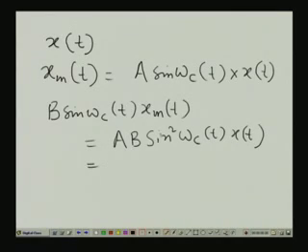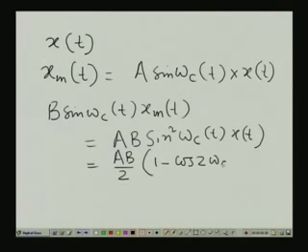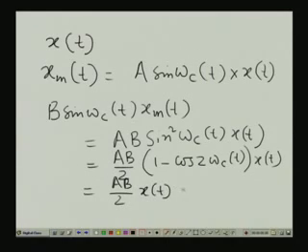So sin^2(omega_c t) will be AB/2 into (1 - cos(2 omega_c t)) x(t). So we will get one signal which is AB/2 x(t) and another signal which is AB/2 x(t) cos(2 omega_c t).